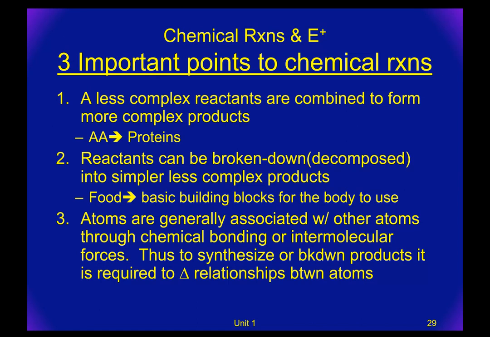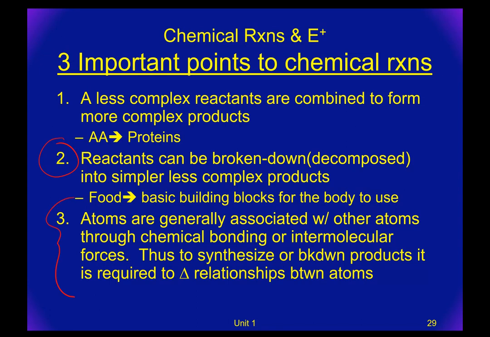Okay? Now, another way for this to go is for me to take the reactants and break them down into simpler, less complex molecules. So I can take that Death Star made out of Legos and I can take it apart and get individual Legos from that. So we can go either direction. I can go from simple to complex or complex to simple. Now, this is the big thing.